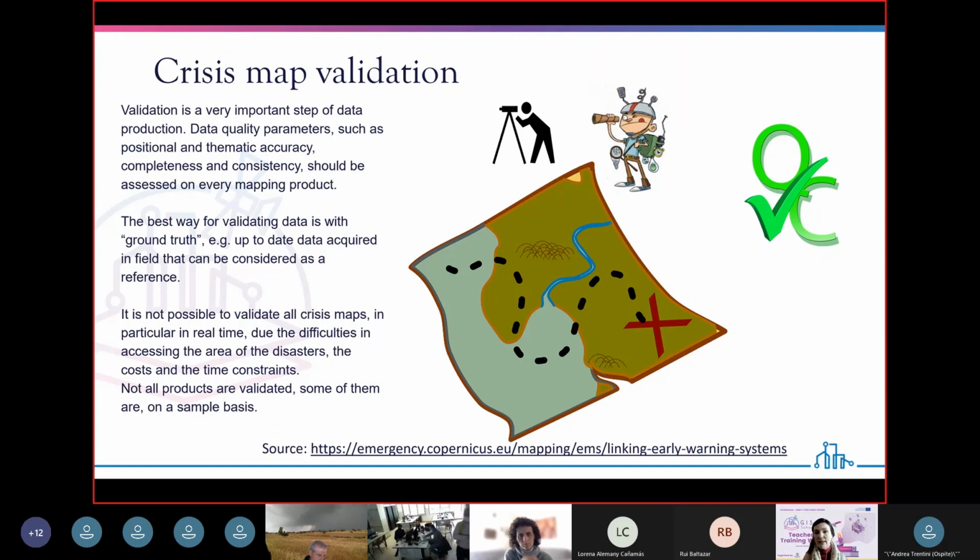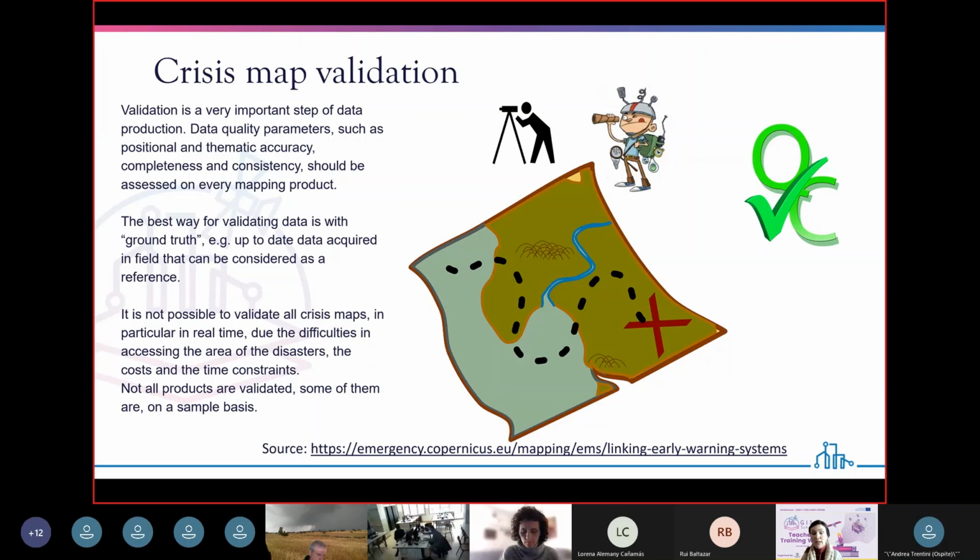Ask for field data, collect information, go in the inundated areas, go in the burnt areas, and check in practice if what is marked as flooded or burnt in the map is actually flooded and burnt in reality.